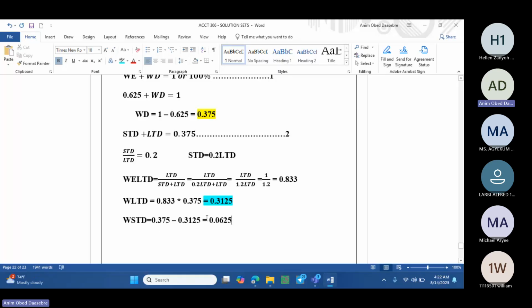So this will also be the rate of short-term debt.